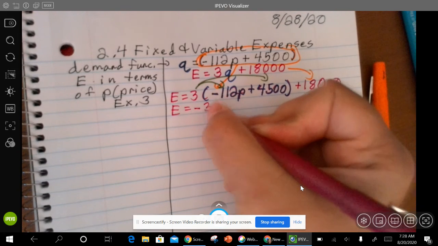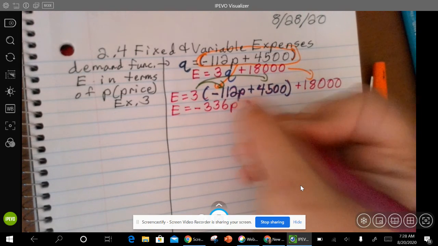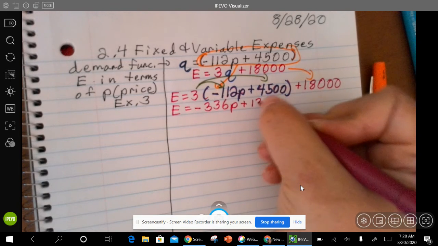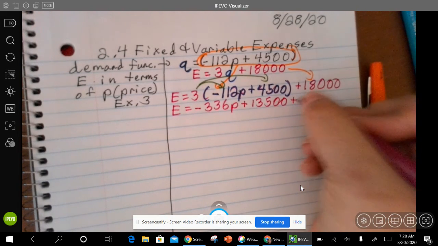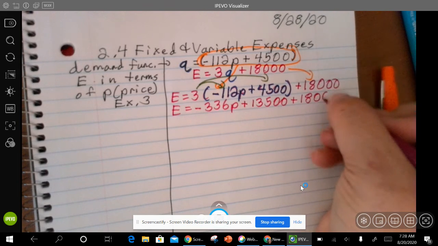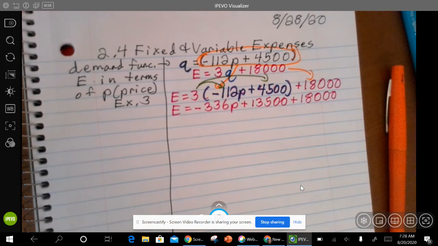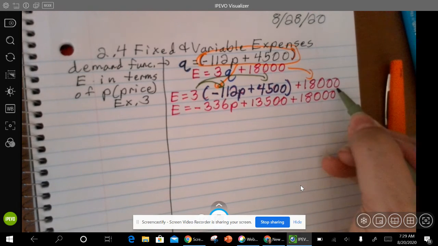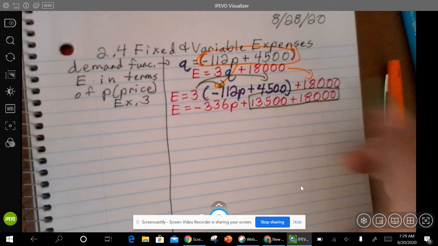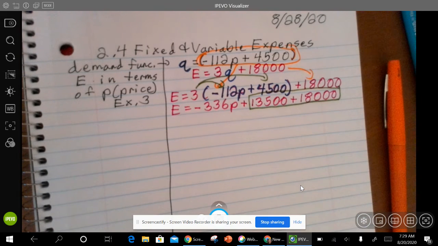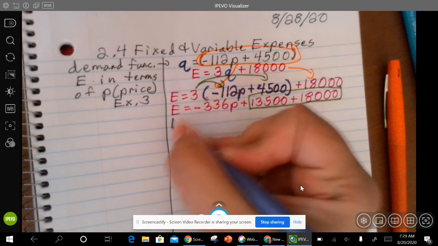So negative 336p plus 13,500 plus 18,000. Okay, we're going to combine like terms, everybody. So we're going to add together our constants, the 13,500 plus the 18,000, to simplify our equation.